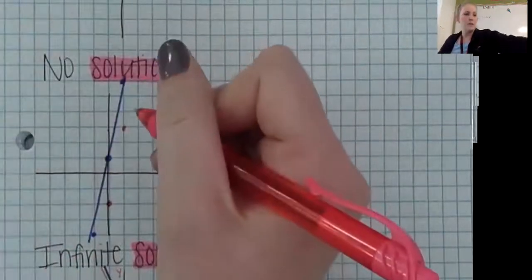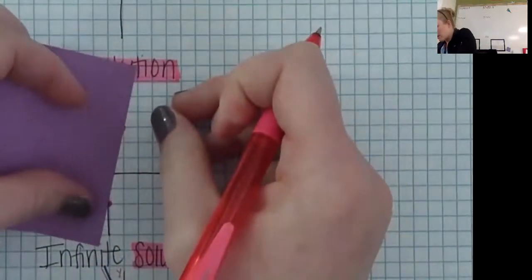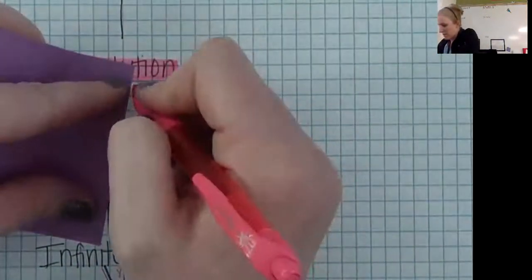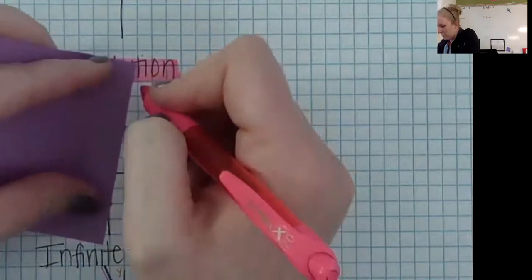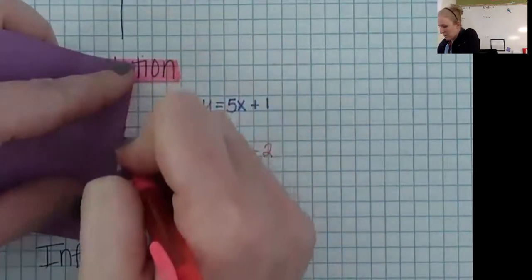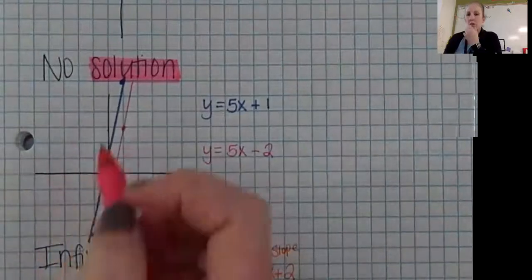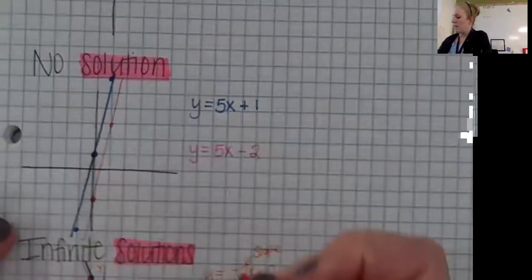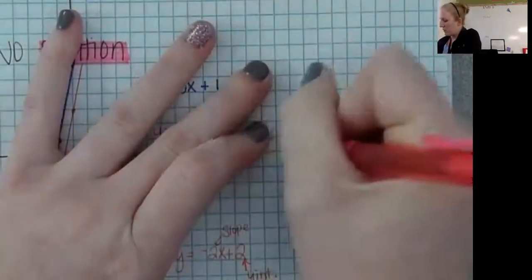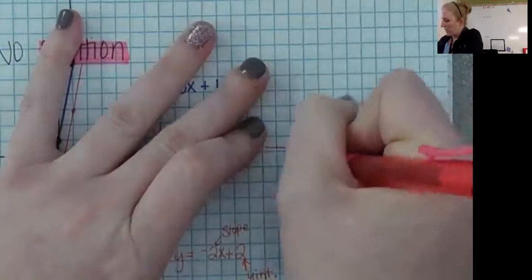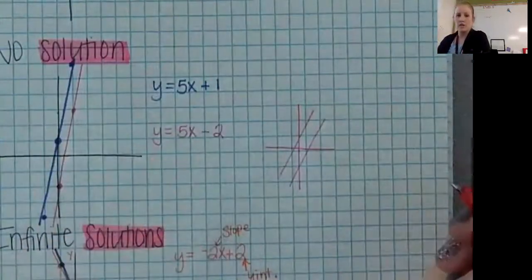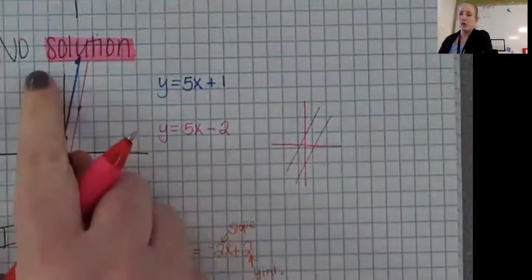What it ends up being is two lines that would never cross. That was a really bad example, but it would be two lines that never cross, so that would be no solution.